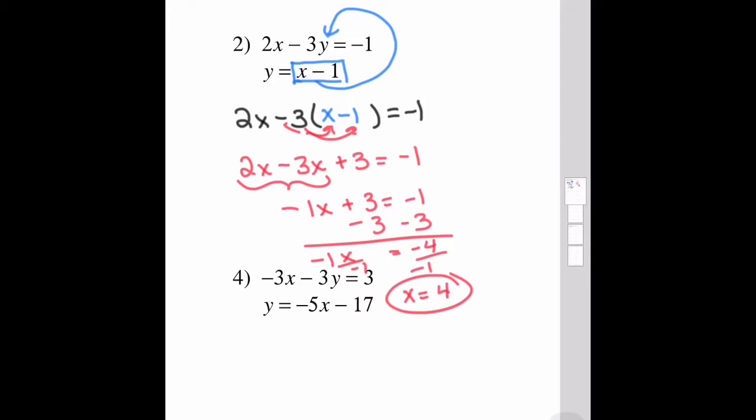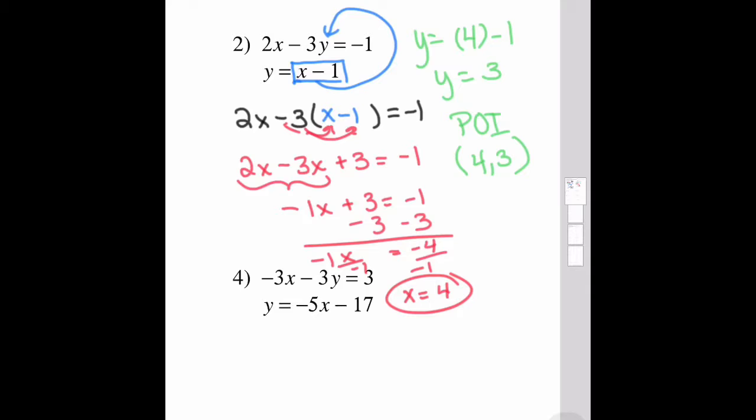Since the second equation is the easiest to do, I'm going to have y equals 4, which is my x, minus 1. So y equals 3. So my POI, my point of intersection for the two equations, is 4, 3.